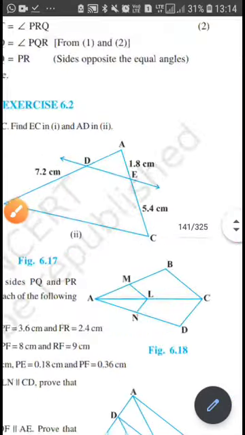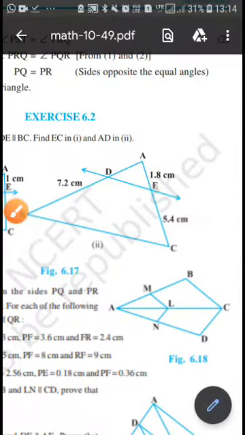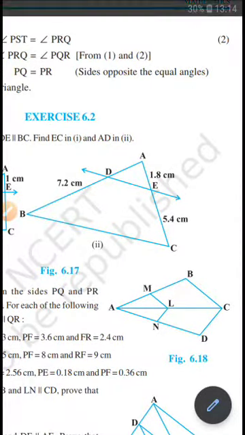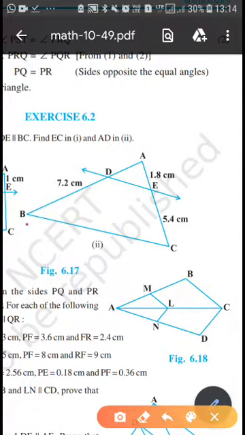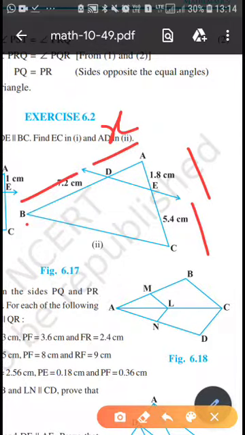Now let's solve the second question. Here the value of AE is given, the value of EC is given, the value of BD is also given, but the value of AD is question mark. Let the value be x.